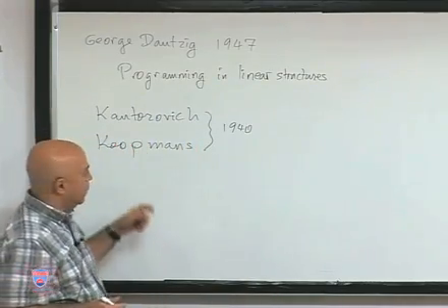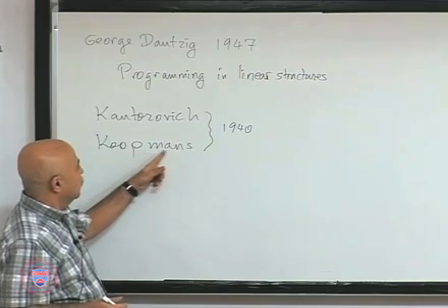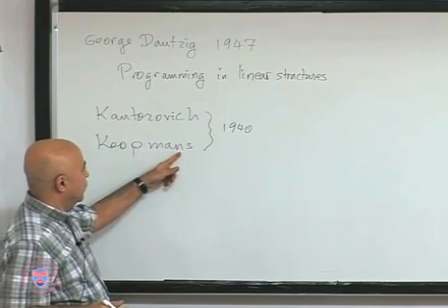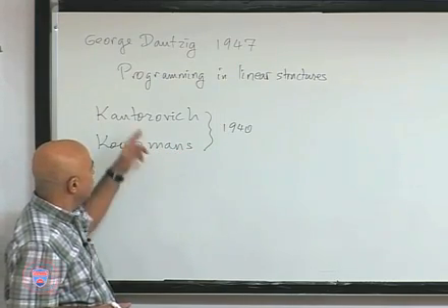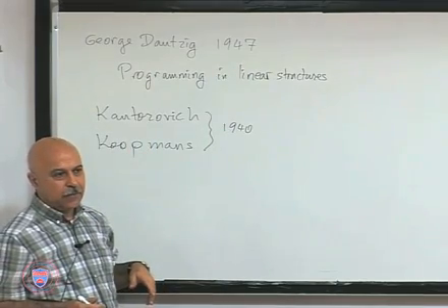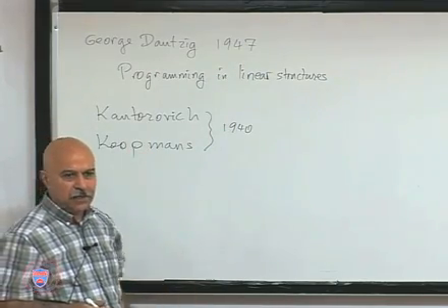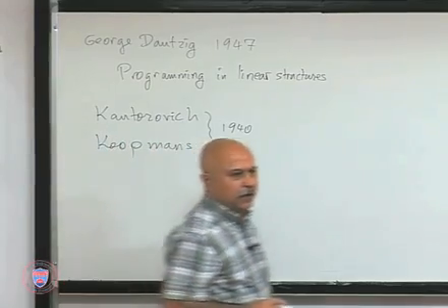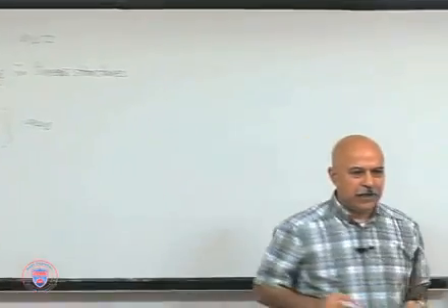Koopmans did not know anything about it. And Koopmans also published some work. Later on, these two guys actually received the Nobel Prize, I think it was 1987 or something. Don't quote me on the dates.